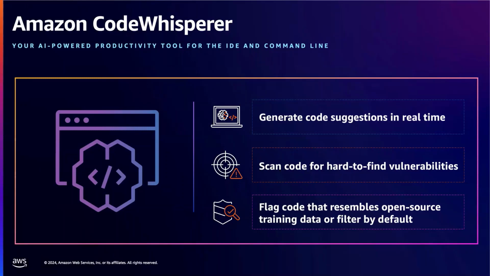You may want to reference, right? Like there are MIT licenses, and those need to be referenced. All of that can also be done using reference logs. This is another feature of Code Whisperer. So it's taking an end-to-end approach, not just developing code, but also checking for vulnerabilities, and you're also able to track if any references need to be made.